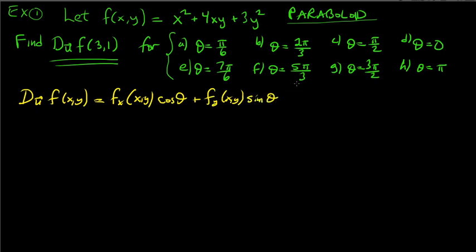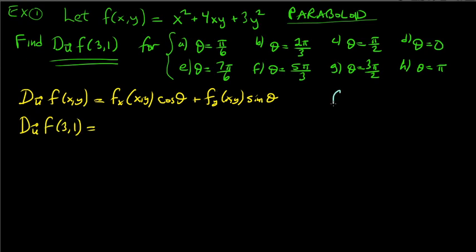And we have just different thetas, so different sines and cosines, right? And in particular, we're doing this only at one specific point, right? The point 3, 1.